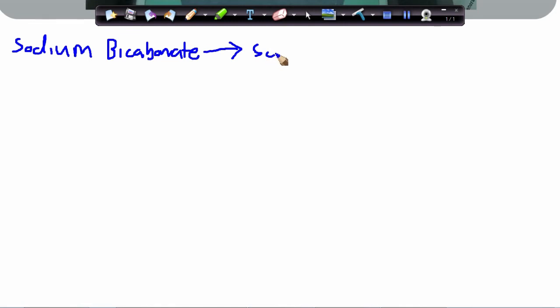Okay, so I'll start by writing the word equation. So in an assessment, you'd probably be given this. So we've got sodium bicarbonate is actually breaking down into sodium carbonate as well as carbon dioxide.